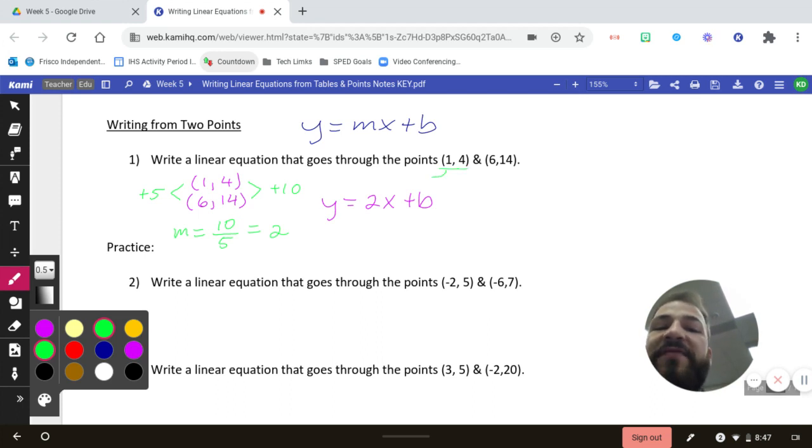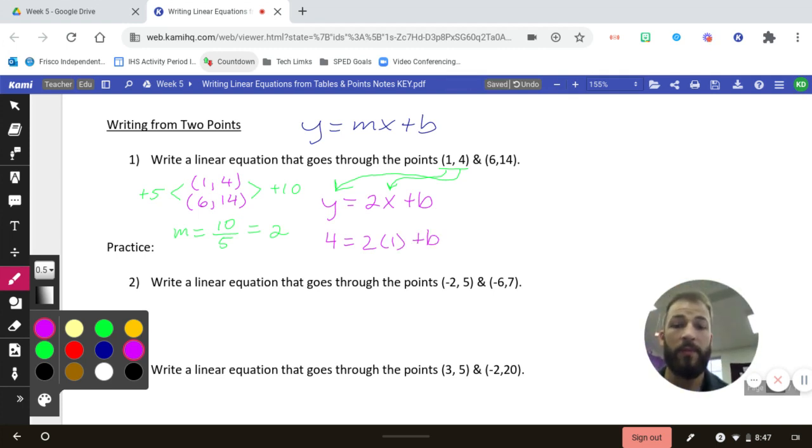And we would take the x value and plug it in for x, and the y value and plug it in for y. So this is going to become 4 is equal to 2 times 1 plus b. So I replaced my x value of 1 here and my y value of 4 there.